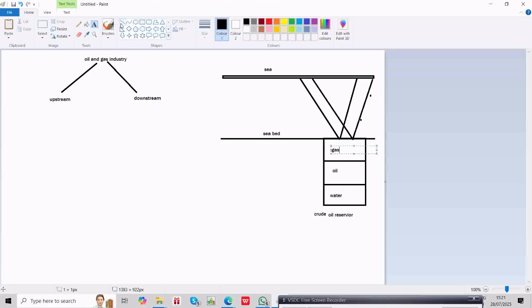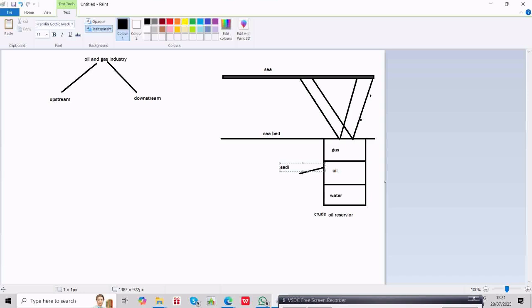Now this box is called the reservoir. This reservoir has a boundary, and the boundary is called sedimentary rocks. These rocks have a property to hold things inside.